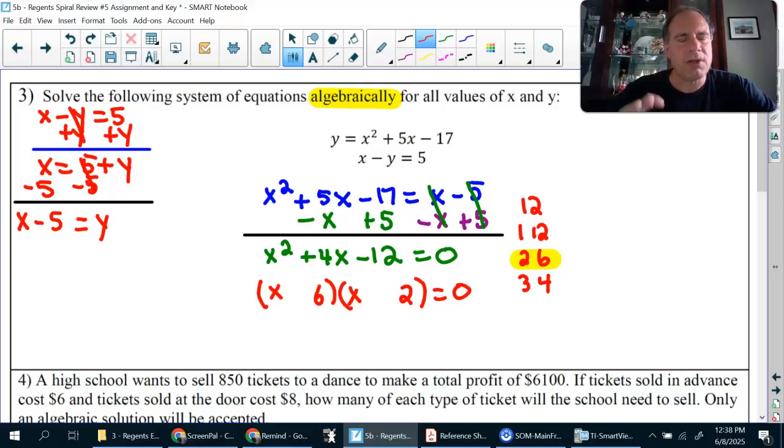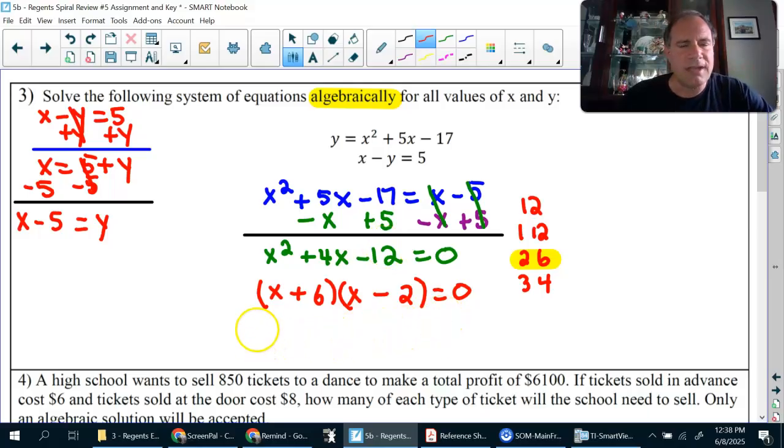But you have to multiply to a negative, which means one has to be positive and one has to be negative. So which one has to be positive and which one negative to multiply to a negative 12 but add to a positive 4? Well, yep, if you said positive 6 minus 2, that subtracts to a 4 and also multiplies to negative 12. So you did it.